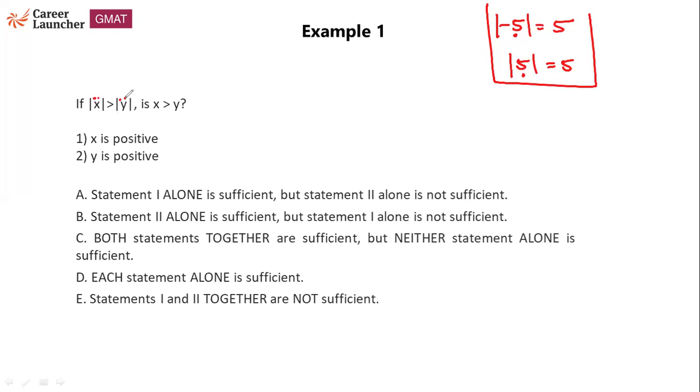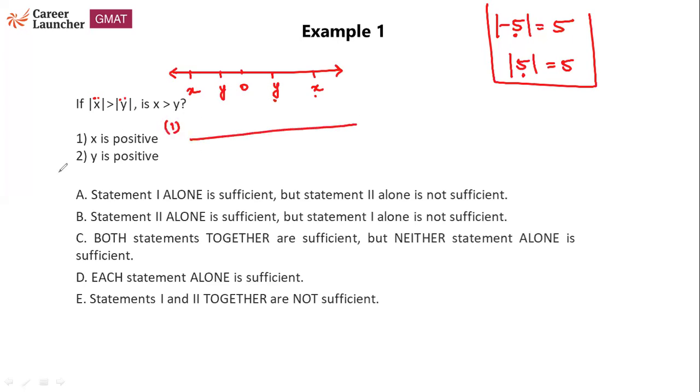On the number line, can we visualize? x is far away from the origin as compared to y. y is closer to the origin. x could be positive or negative, y could be positive or negative. Starting with the first statement, it says that x is positive.